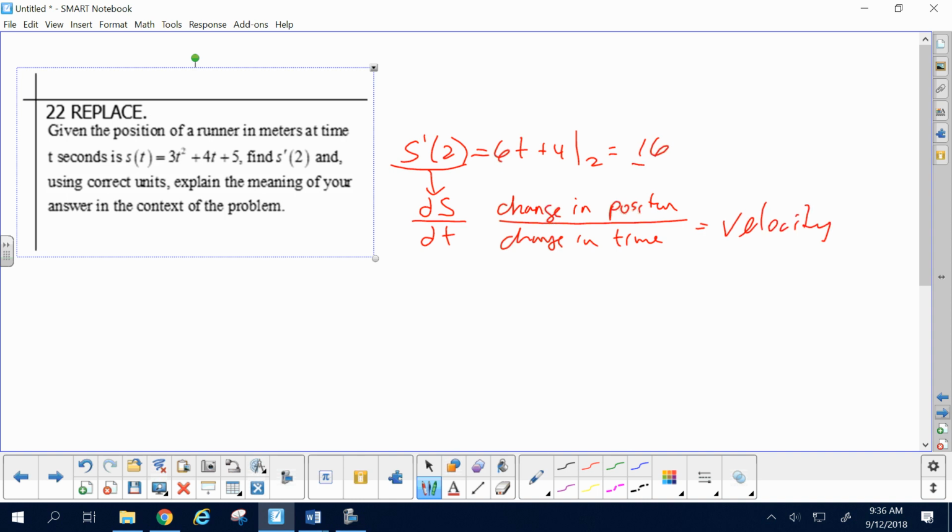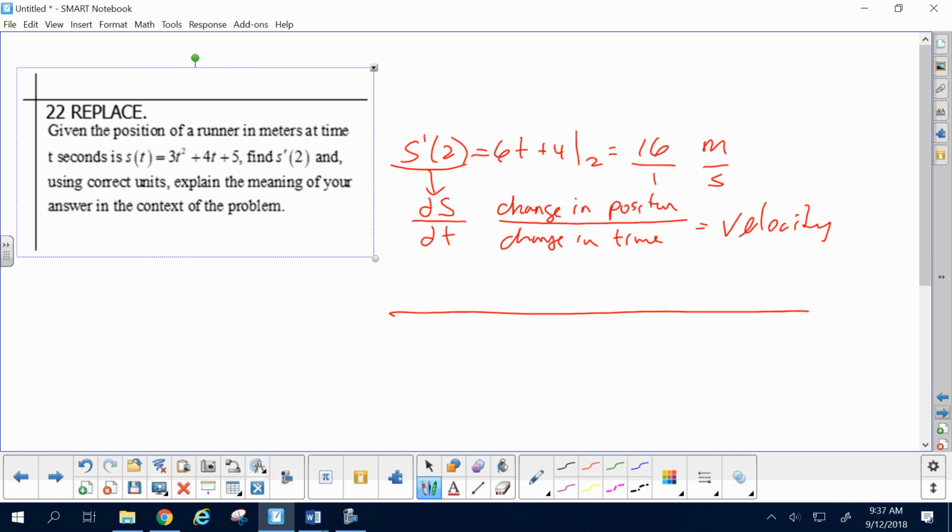If you were to attach units to this, the top 16, the units for position are meters. The denominator, which I put in there is 1, the units for time are seconds. ds dt, change in position over time, is velocity.